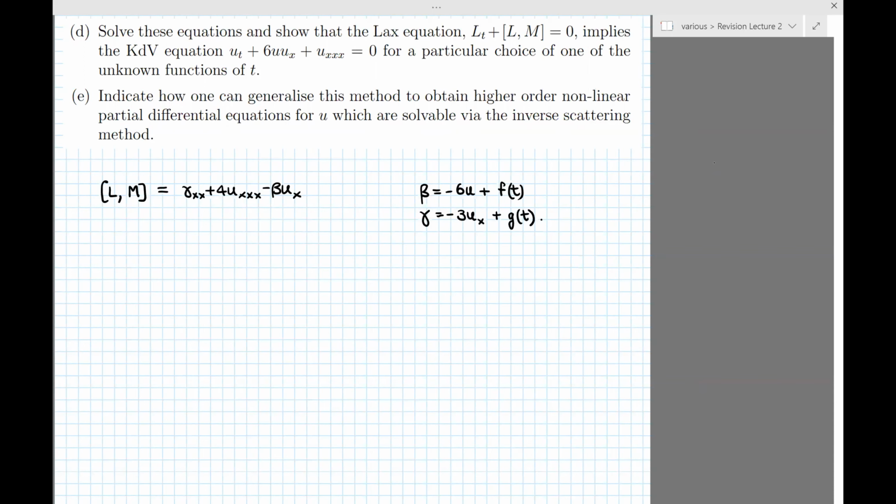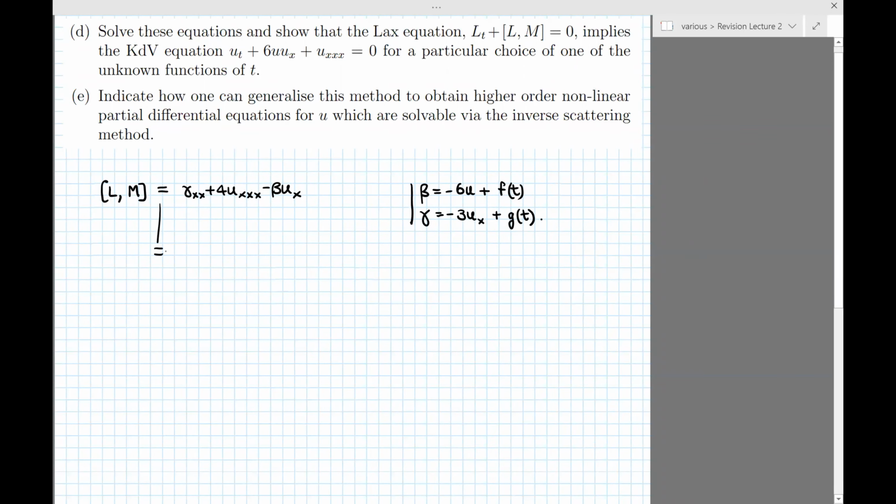And beta and gamma were determined in terms of u as follows. Beta was minus 6u plus f, and gamma was minus 3ux plus g, where f and g were the two unknown functions of t. So now let's plug these expressions for gamma and beta inside the commutator.